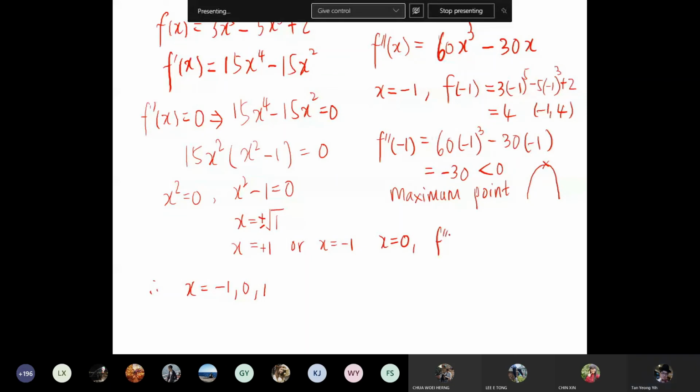Since we substitute 0 here and here, both get 0. So the second derivative when the x is 0 is 0, and the y is 2.